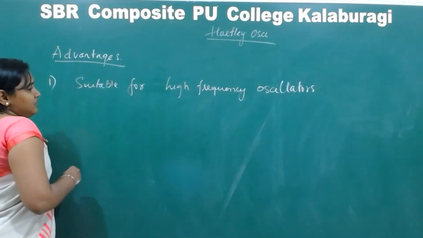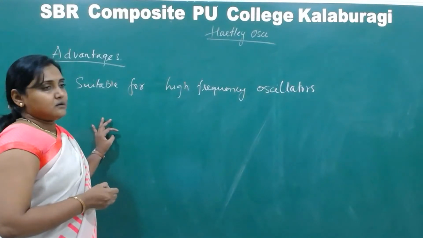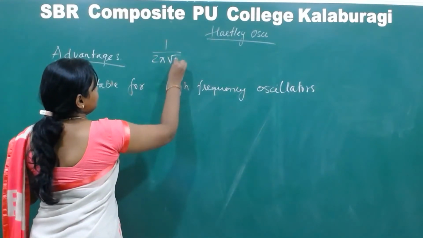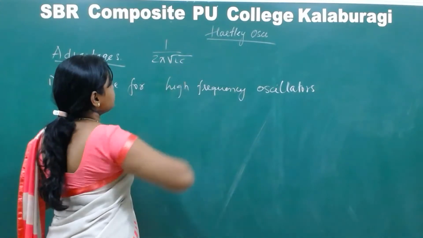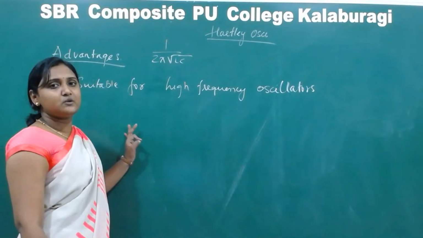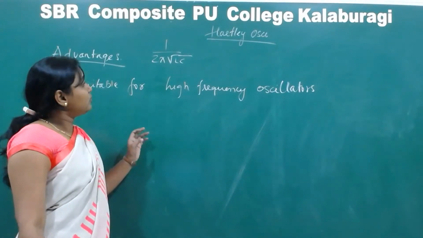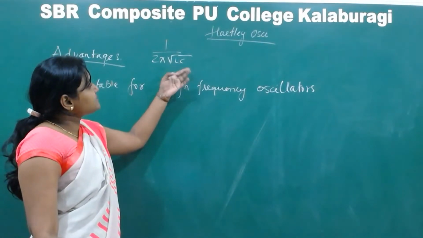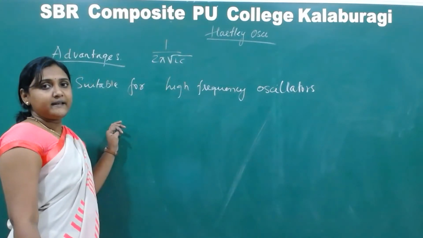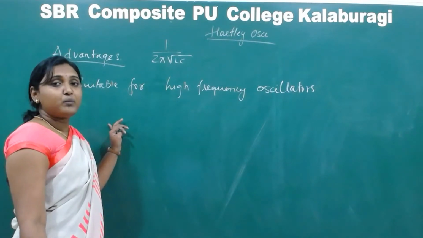Why? Because we can always remember it by this expression, 2 pi under root LC. See, the capacitor and inductor both will have values in the form of 10 to the power of minus values, milli, micro, nano. So as a result, what happens when the value is taken in the numerator? The value becomes 10 to the power of positive values.